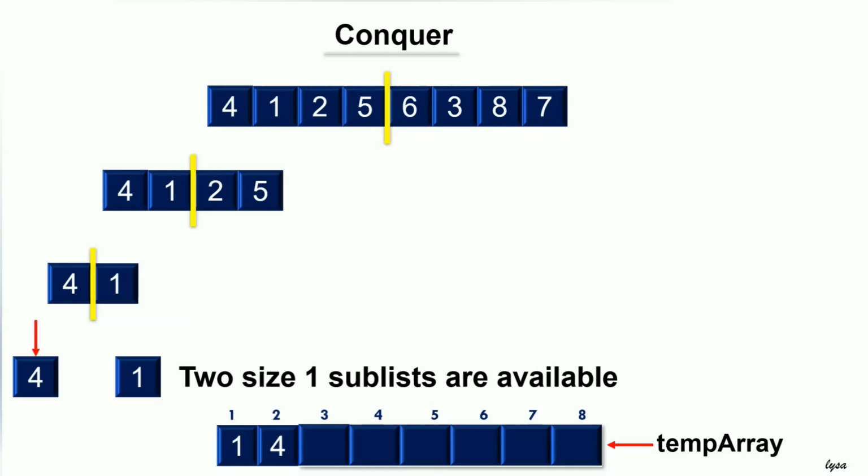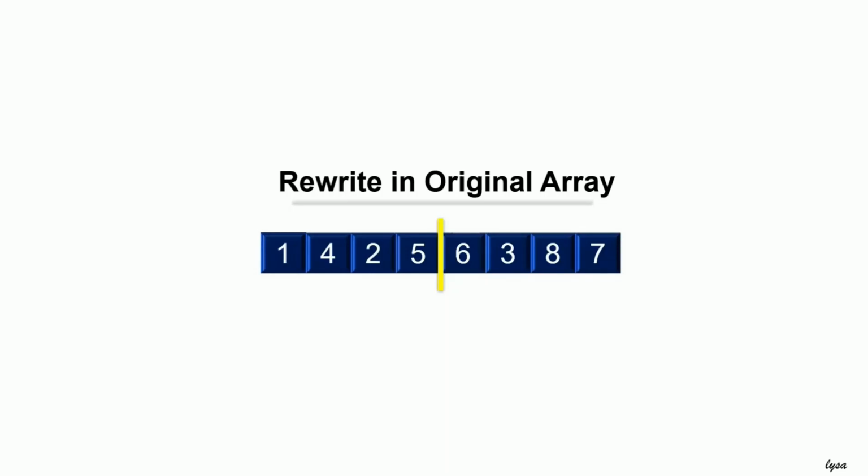At the end of this, I have to rewrite the first two values which I changed into the original array. So if you see, it was originally 4 1 2 5 6 3 8 7, but after I sorted the first two elements, it is 1, 4, and the rest of it remains as it is in the original array.